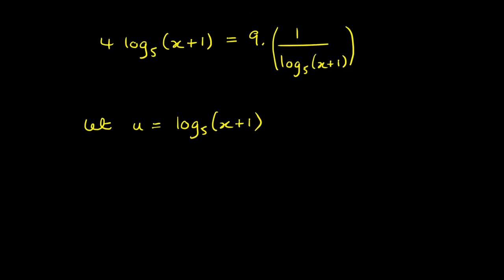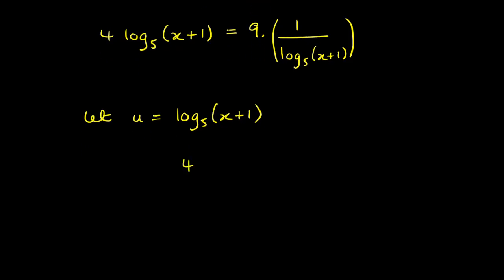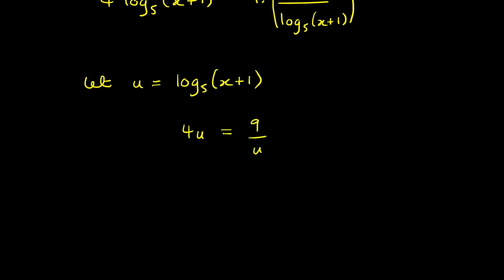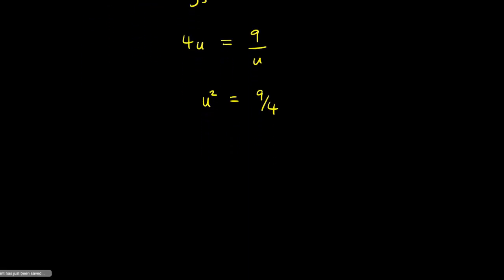And that means that I can write this as 4u is equal to 9 divided by u. And then with a little bit of rearranging, that's the same thing as u squared is equal to 9 divided by 4. And then if I square root both sides, I will get u is equal to plus or minus 3 upon 2, right? Because I square root 9, I get 3, square root 4, I get 2. And I need to remember I've got plus or minus.